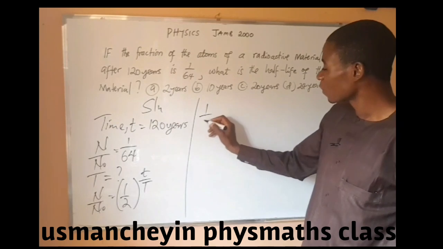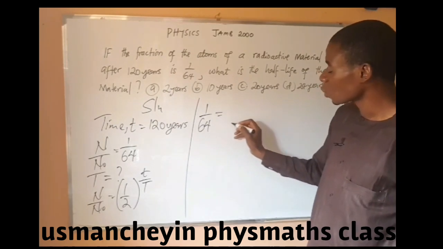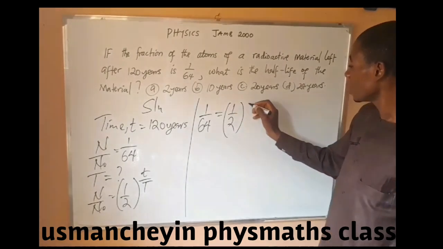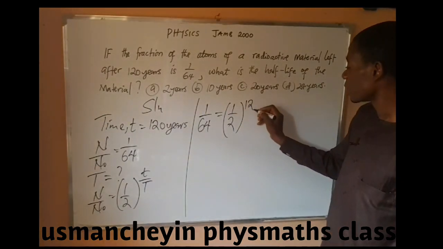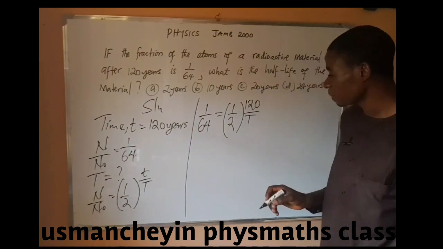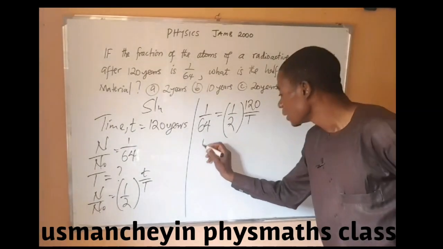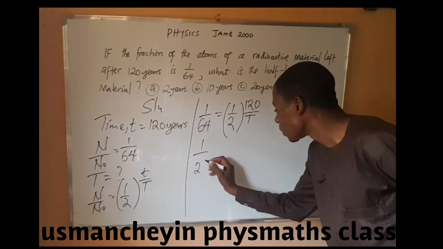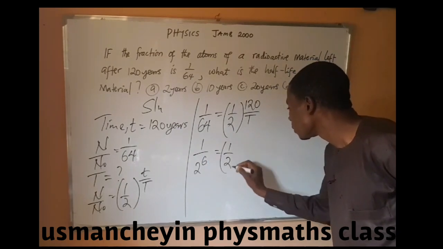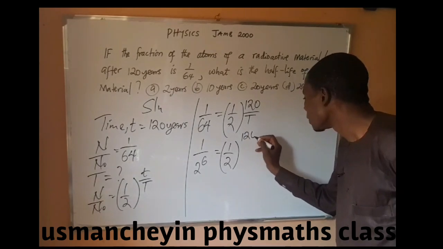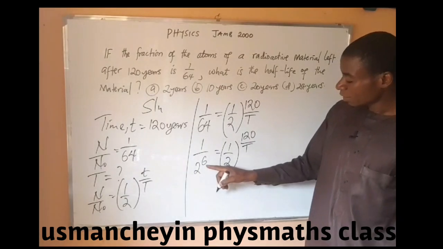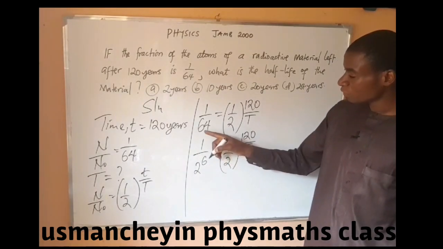So we have 1 over 64 is equal to 1 over 2 all raised to the power of 120 over T. Okay, so this is 1 over 2 raised to power 6 equal to 1 over 2 raised to power 120 all over T. And 2 raised to power 6 is equivalent to 64.